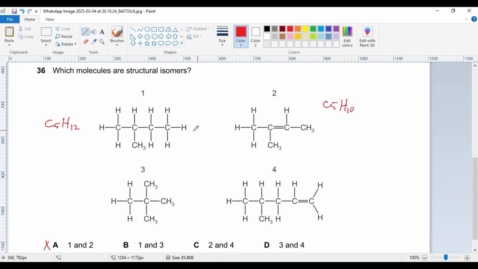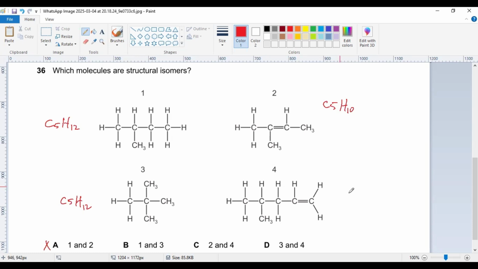Okay, now see 3, 1, 2, 3, 4, 5. 5 carbon atoms are there. C5. 1, 2, 3, 4, 5, 6, 7, 8, 9, 10, 11, 12. H12. They can be isomers. 1 and 3 can be isomers. So B could be correct. But now see the next one, 1, 2, 3, 4, 5, 6.